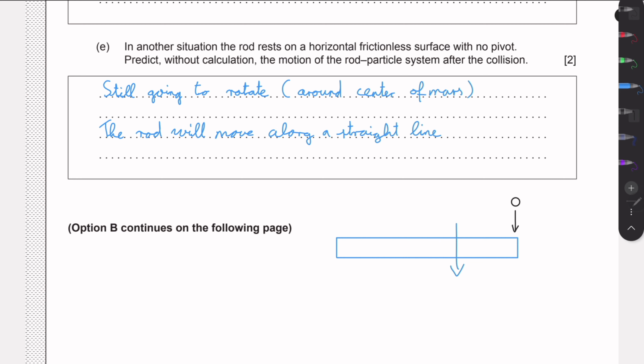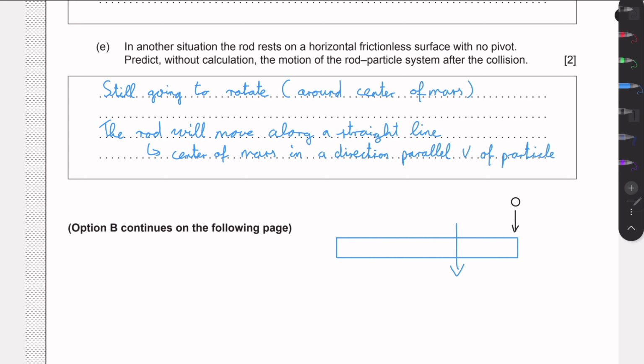And if we want to be more precise, we can say that the center of mass will move along the straight line in a direction parallel to the speed of the particle.